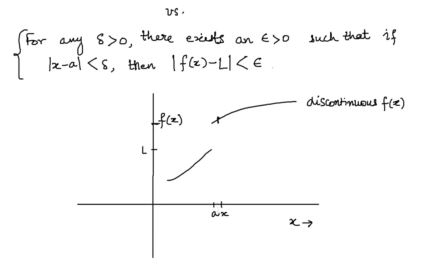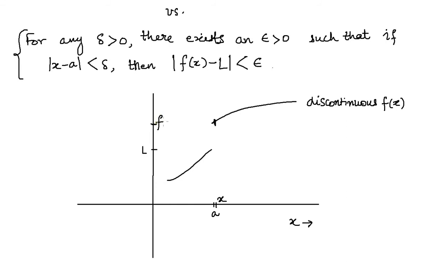You can keep making x minus a small. What we are trying to do is make the absolute value of x minus a less than delta, and delta can be made arbitrarily small. So our attempt is to make the absolute value of x minus a smaller and smaller and smaller. So like this, we are trying to make it closer and closer to a, and correspondingly f of x is here now.